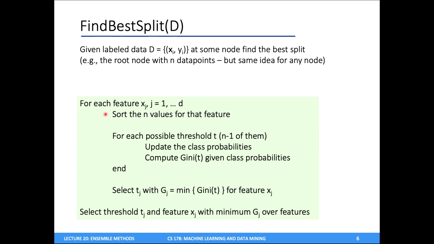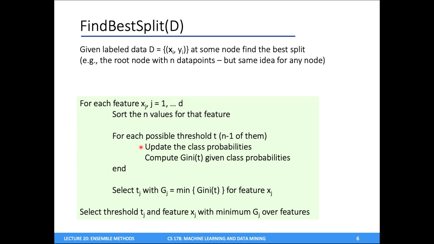Our first step is going to be to sort the values for that feature. The reason we need to sort them is because we need to know where our thresholds are. Again, our thresholds are placed between consecutive data points. So of course, we need to sort them in order to find those thresholds. Then for every possible threshold, there's n-1 of these because we have n data points, so we only consider thresholds between our data points.